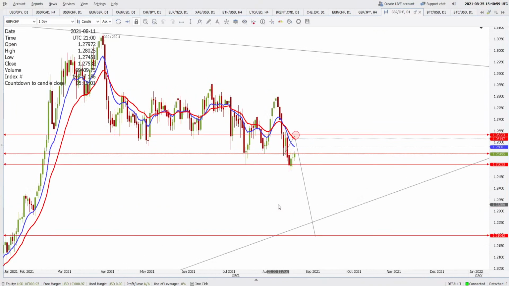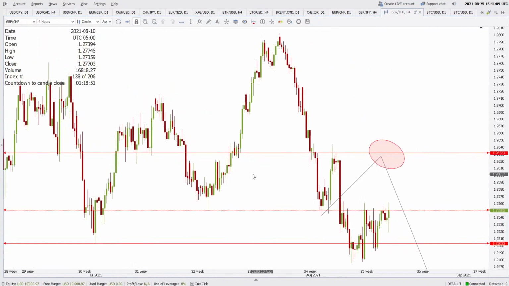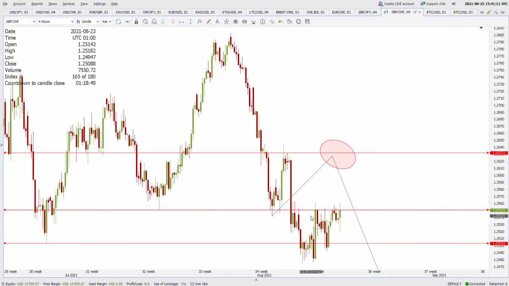So talking about the GBPCHF, a daily close below 1.2550 is acting as a resistance on the daily chart. Although the pound is trying to break the resistances, I think the sellers are not letting the market be controlled by the buyers.